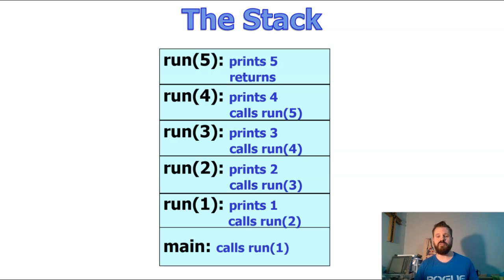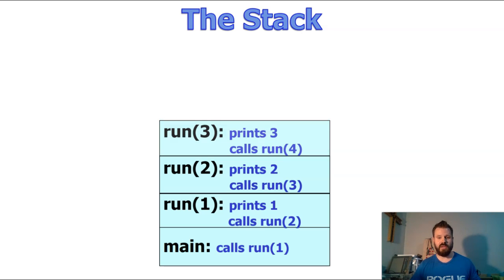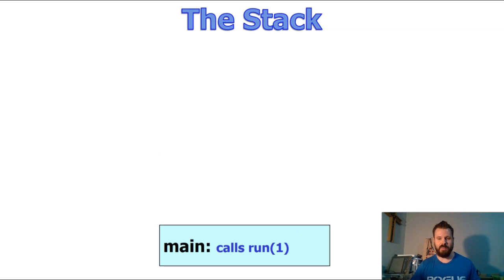So run 5 returns, as in that method is done, and that will disappear from our stack. Once run 5 is done, run 4 is now done, so that will disappear. As each of those methods finish up, we'll get back to our main method, which will eventually, once it runs its course, disappear and we'll be all done. From a memory standpoint, that's a big difference. Instead of adding to that stack forever, eventually we're going to quit and start eliminating things from that stack.